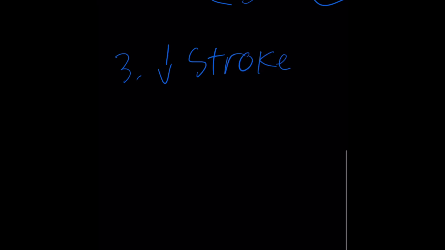So next, for number 3, we're going to see a decrease in stroke volume. Stroke volume is basically the amount of blood that the heart is able to pump out. So it's the efficiency of the heart at pumping blood. Typically, in a healthy heart, you're going to have a higher stroke volume.